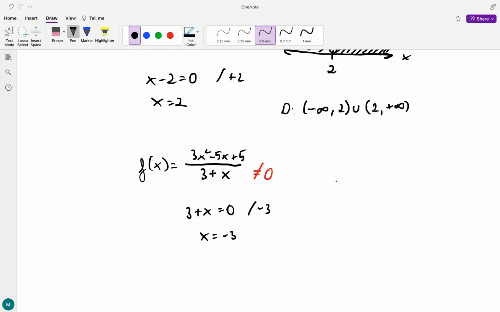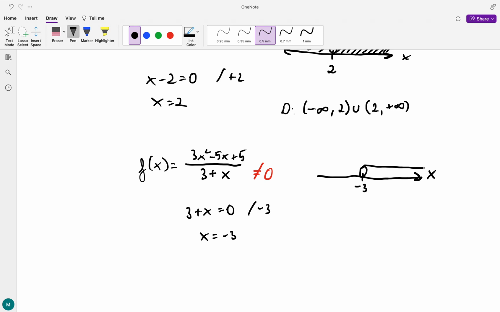We're going to do the same thing, draw a number line that represents all the x values and label negative 3 on it. We're gonna do an open circle, which indicates that this function does not have a y value when x is equal to negative 3.